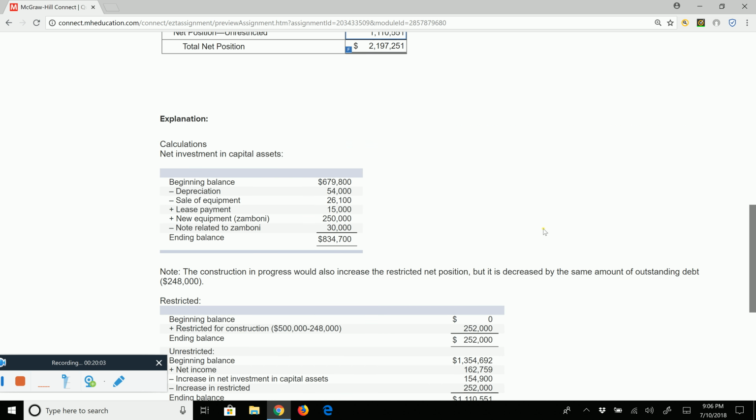If the liability has decreased, that means your net investment in capital assets increases. When we pay down debt, we're increasing our equity, our investment in the fixed asset. This is very similar to when we buy a home with a mortgage: as we pay down the principal of the mortgage, our equity in that home increases. Same concept here.